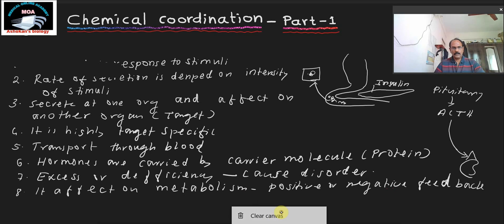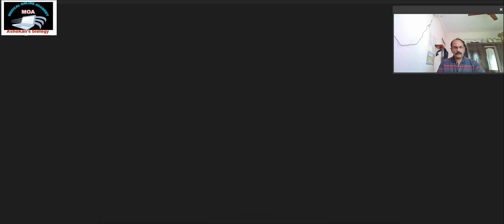Some of the hormones are peptide hormones, some are steroid hormones, and some are amine hormones, etc. Okay, so according to the chemistry, the hormones are classified into different types.